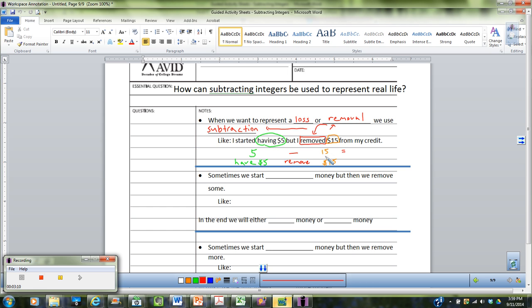And once I pay back that 5, I still owe a full $10, which is represented by negative 10. Hence, 5 minus 15 equals negative 10. Or in other words, if I have $5 and I spend $15 on my credit card, I still owe my credit card $10, negative 10.